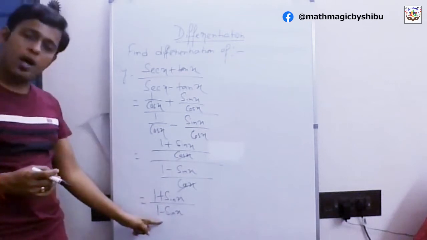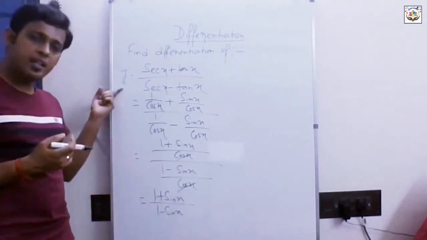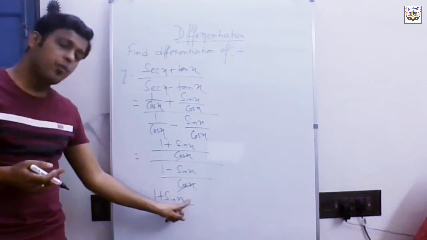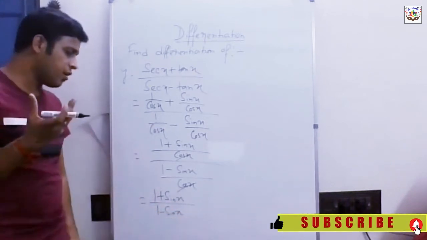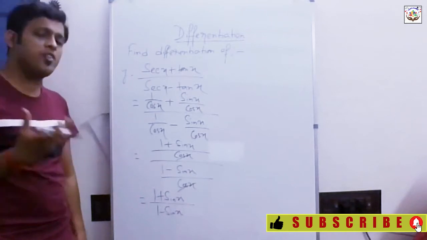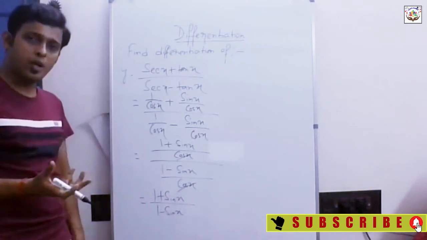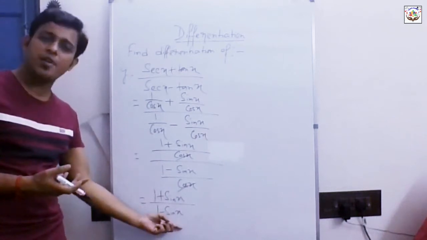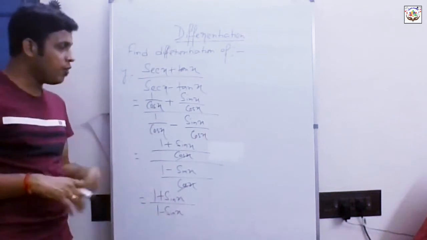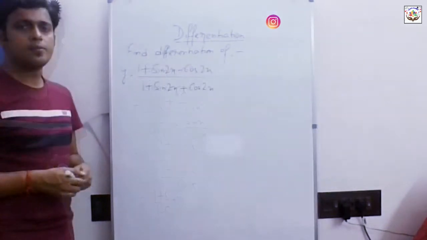Now you find dy/dx by assuming this numerator as u and this denominator as v. You will get the dy/dx very easily by the basic formula. I am not going into the details of that part because it will be the same as the previous one. I will be moving to the next problem.